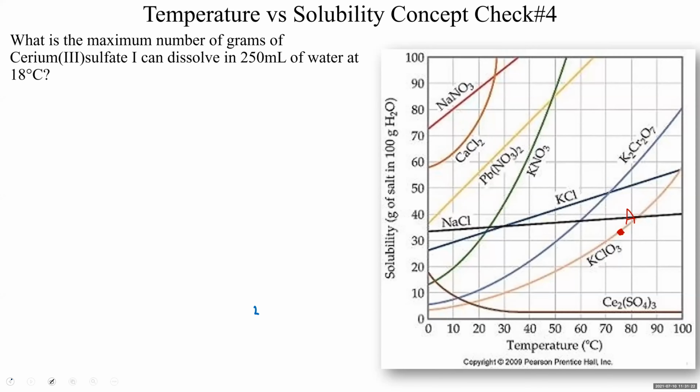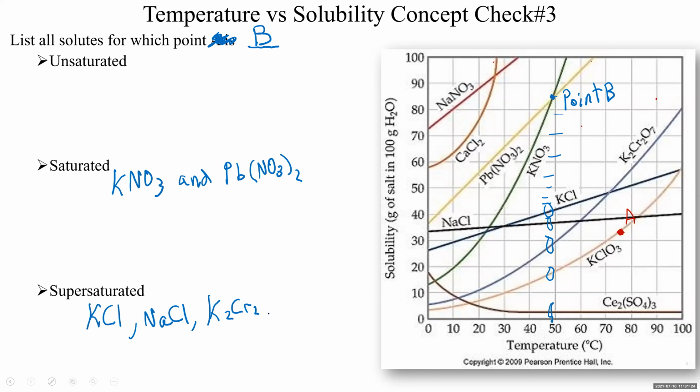Here we go. What else? I said NaCl, KCl, KClO3, potassium chlorate. And finally, of course, cerium sulfate being one of the least soluble compounds, especially at higher temperatures. You know, cerium sulfate is also going to be supersaturated at that temperature with that combination.